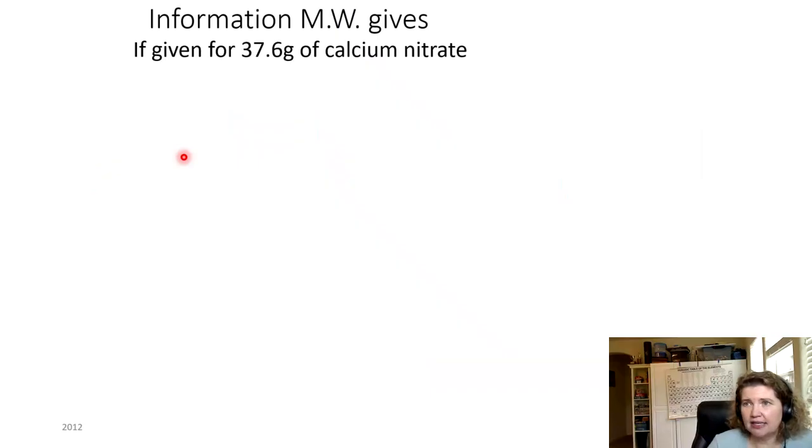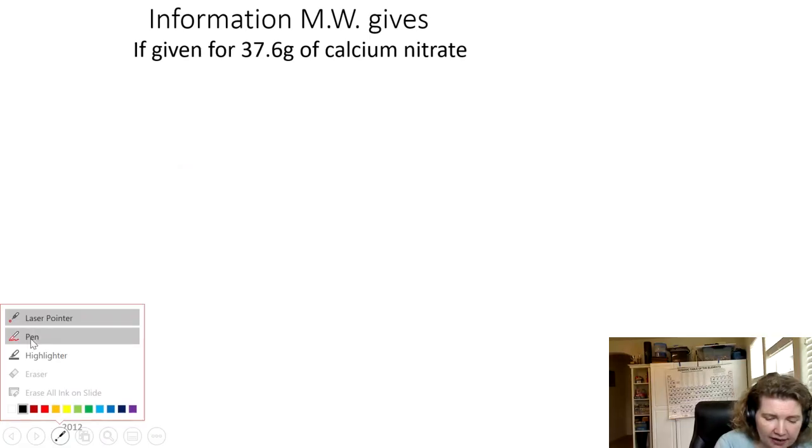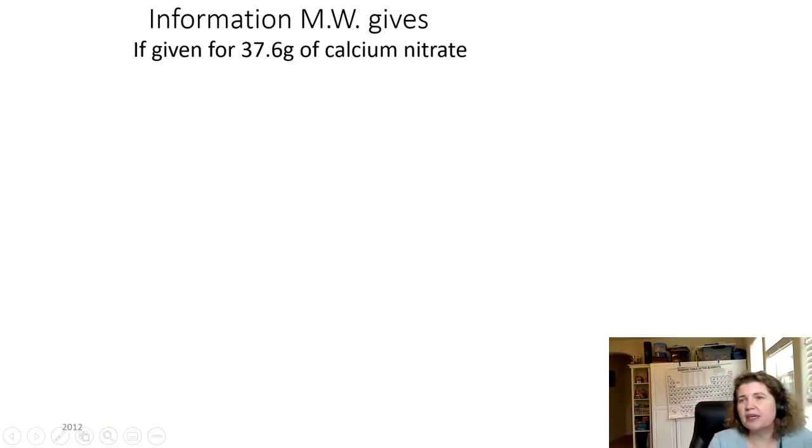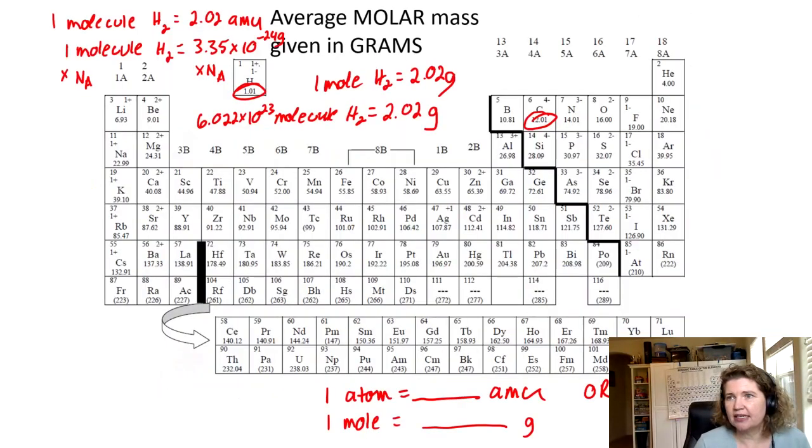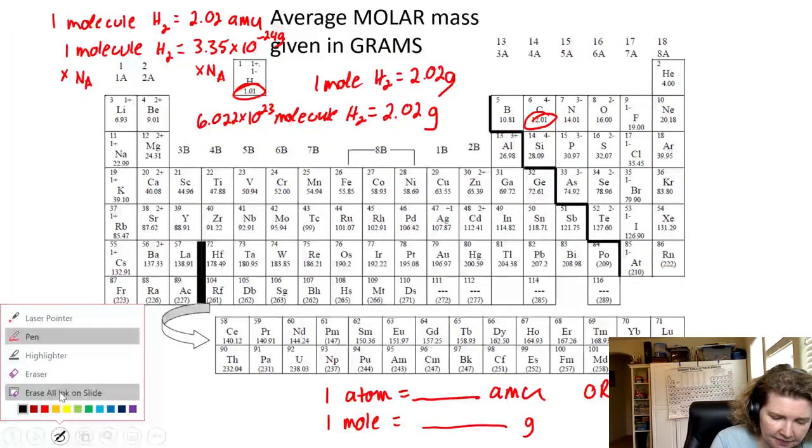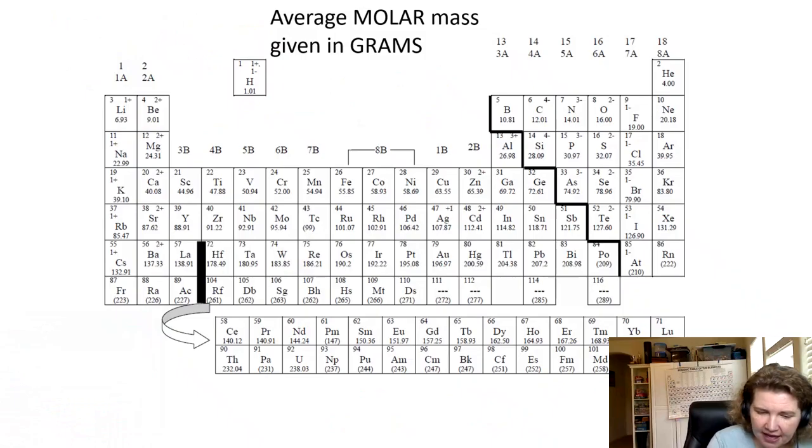Let's do some examples. When we look at calcium nitrate, the stuff we did on nomenclature in chapter 2 is going to come back to us. We have to look at calcium nitrate and know the formula. Calcium is a +2, and nitrate is NO3 negative.